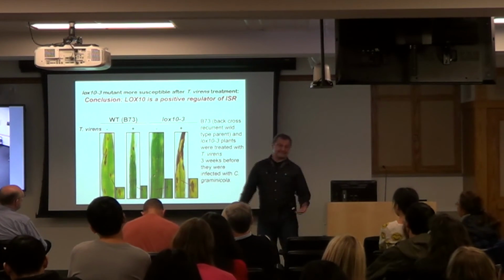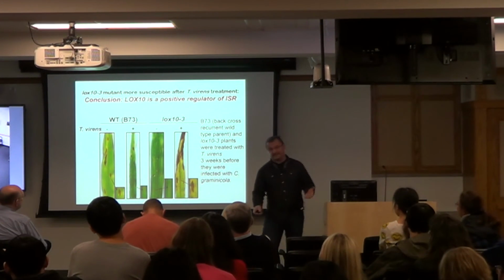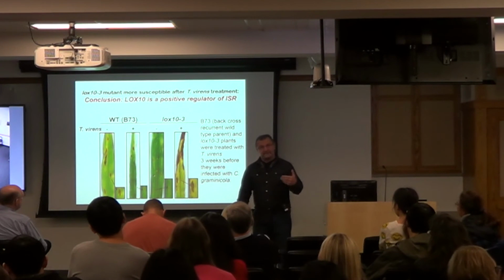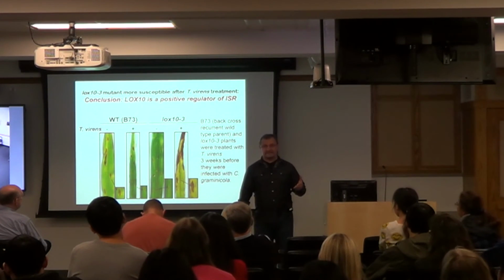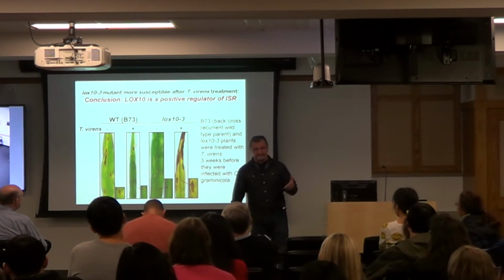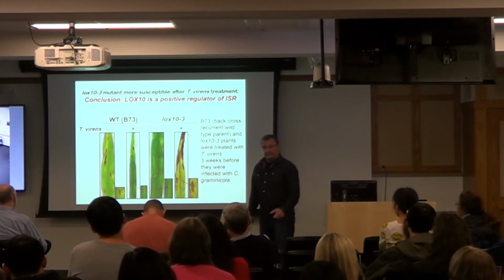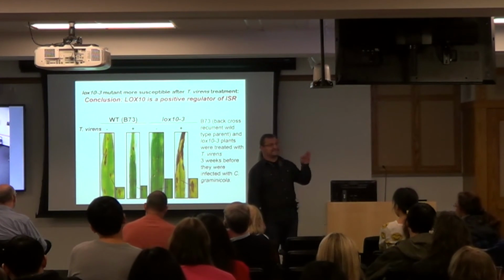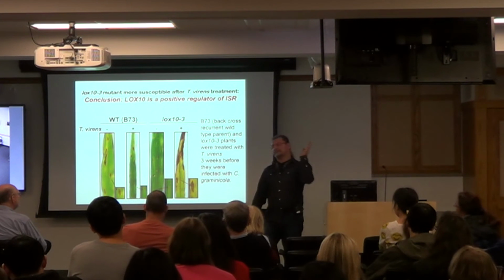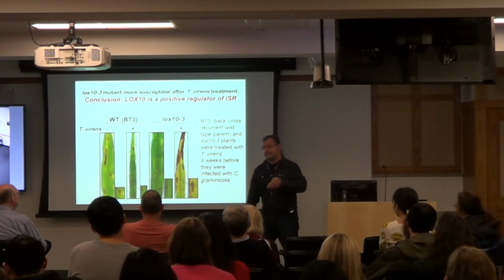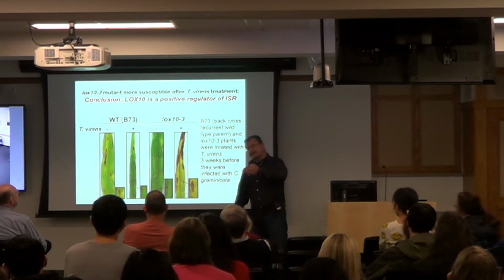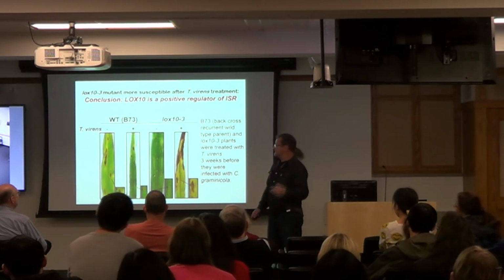LOX10 mutants are very surprising because GLVs are believed to be required for defense against pathogens. We did not see it. In fact, these mutants were more resistant, not only in the leaf. LOX10 mutants were resistant in the stem, to anthracnose leaf blight, to Fusarium stalk rot. They were resistant to everything we tested.